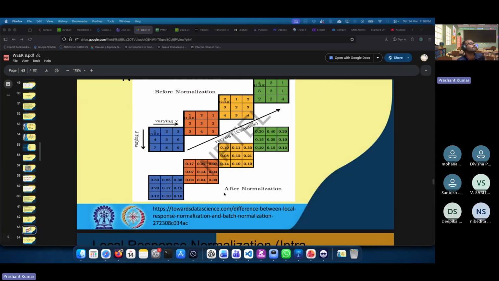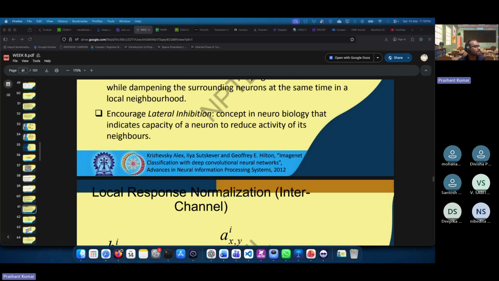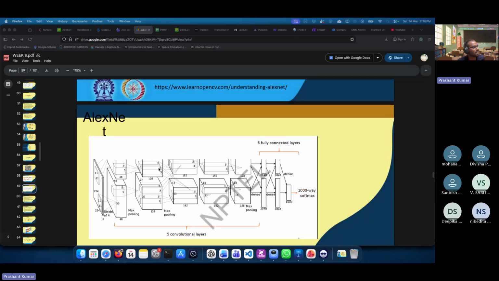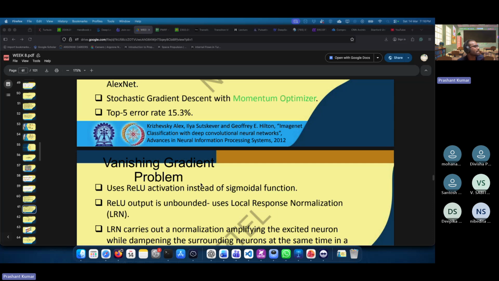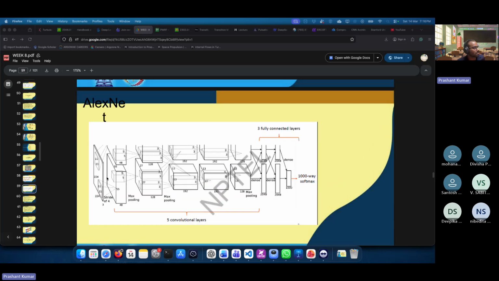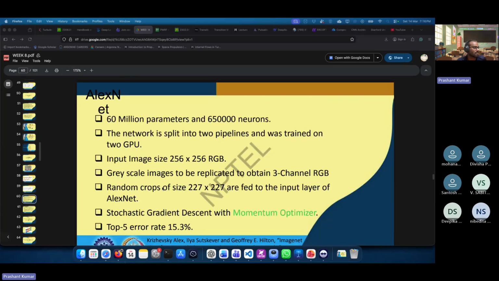Now we will see some problems in this training. Let's say you are training this AlexNet. You have given some input, and that input has a lot of sharp features in the RGB. In that case, your output is too large, and then you did some max pooling, and you did one convolution layer. You got some output, and the outputs are too large, like your numbers are too large.